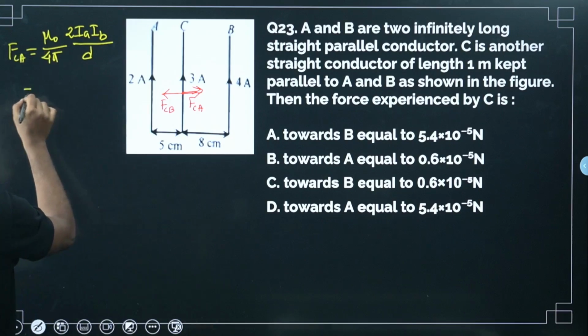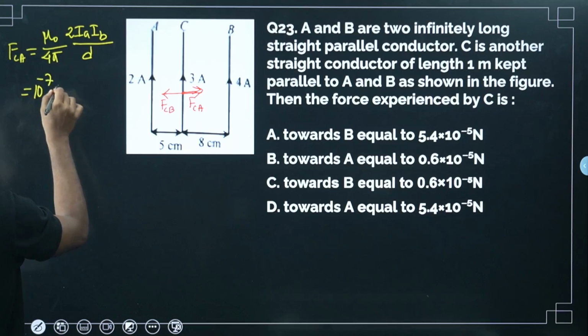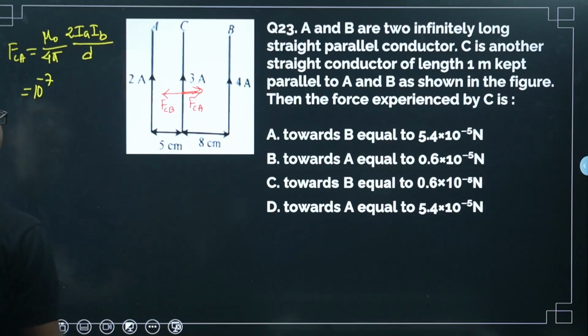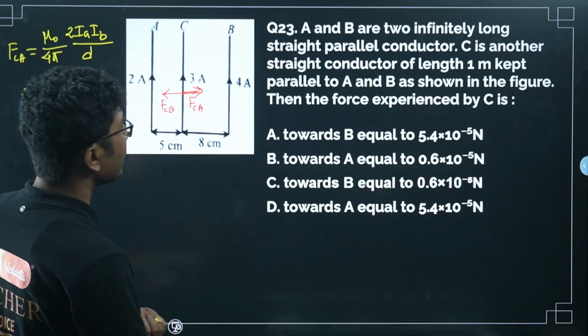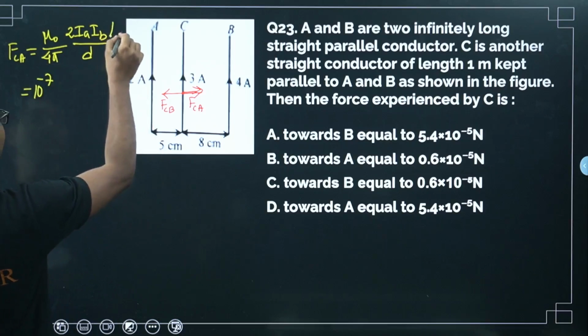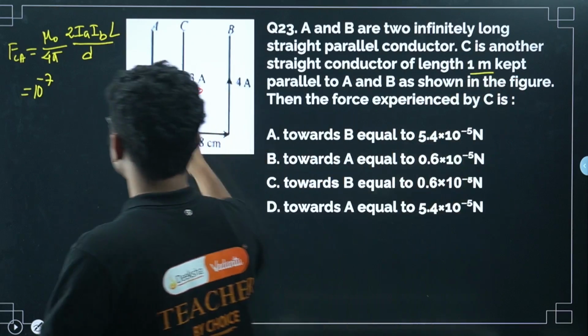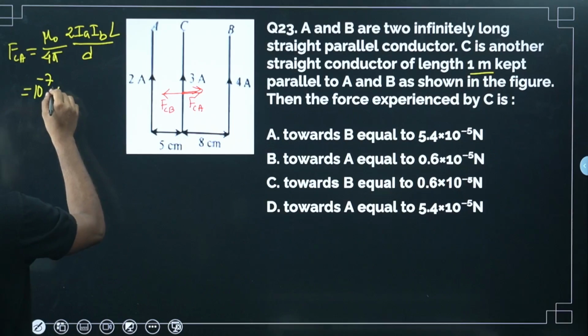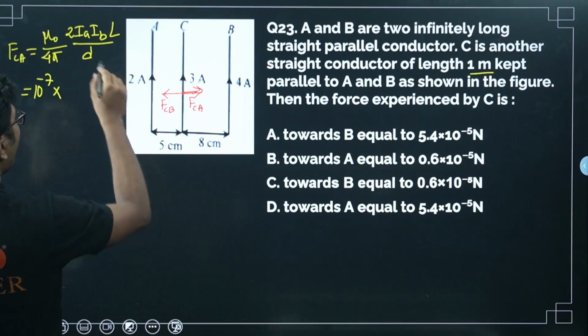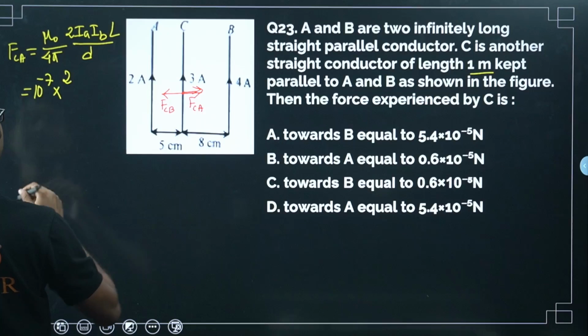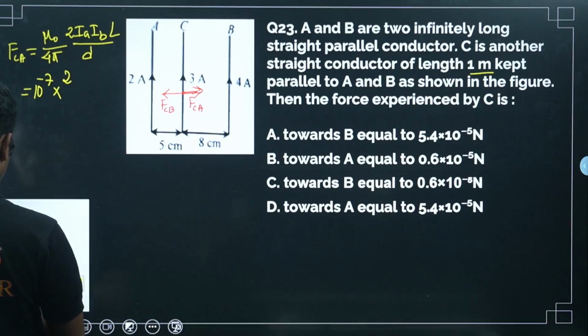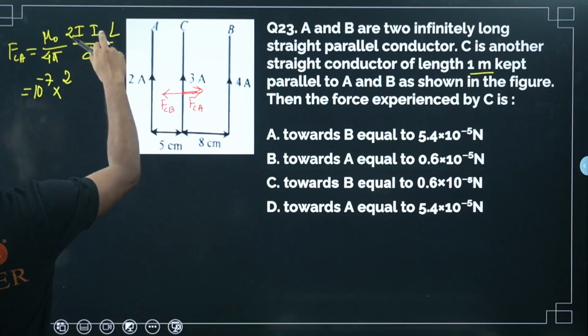Mu naught by 4 pi is 10 to the power of minus 7. Also there was one more important piece of information: there should be one L here, but L is given as 1 meter, right? So you can simply apply 1 meter in this case, FCA. So we have to write this accordingly.